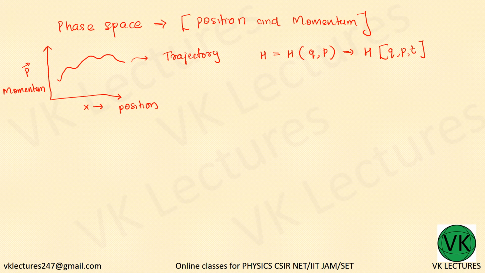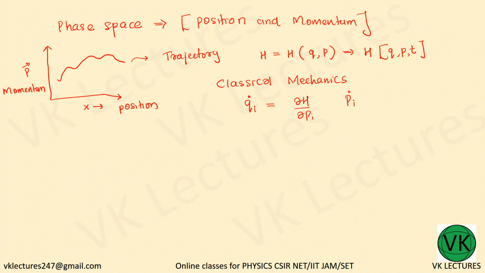And we know from the basic knowledge of classical mechanics that qi dot is equal to dou H by dou pi, and pi dot, that is nothing but the force.